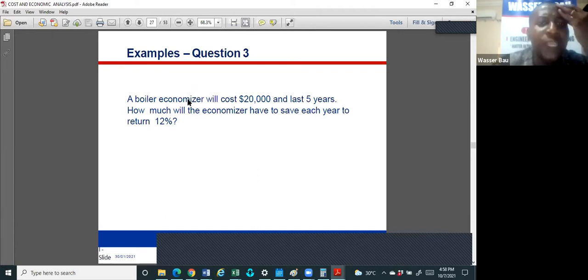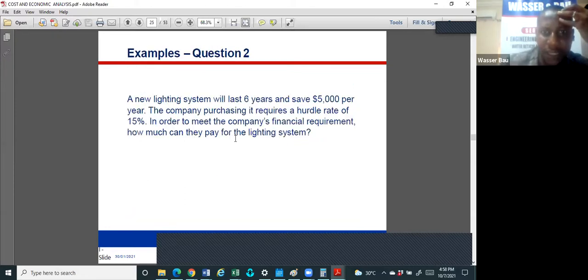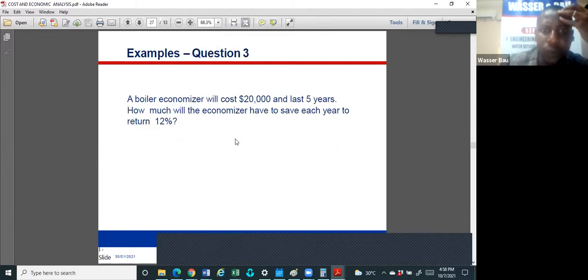Okay, so this question is just the opposite of this one. This is question 2. A boiler economizer is something that you put in a boiler in a big factory to help it be energy efficient and reduce heat losses. A boiler is something that produces hot water.